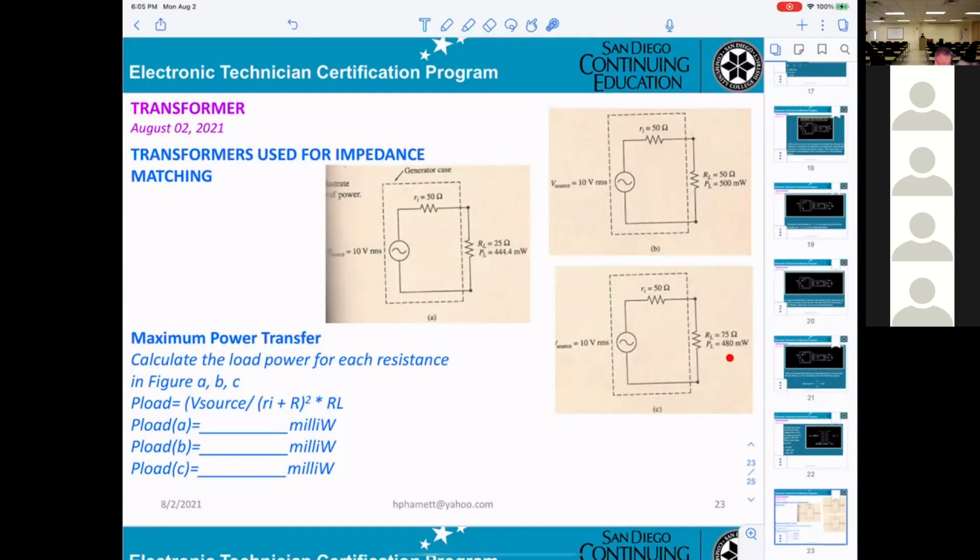They want to calculate the load power for each resistance in figures A, B, and C.